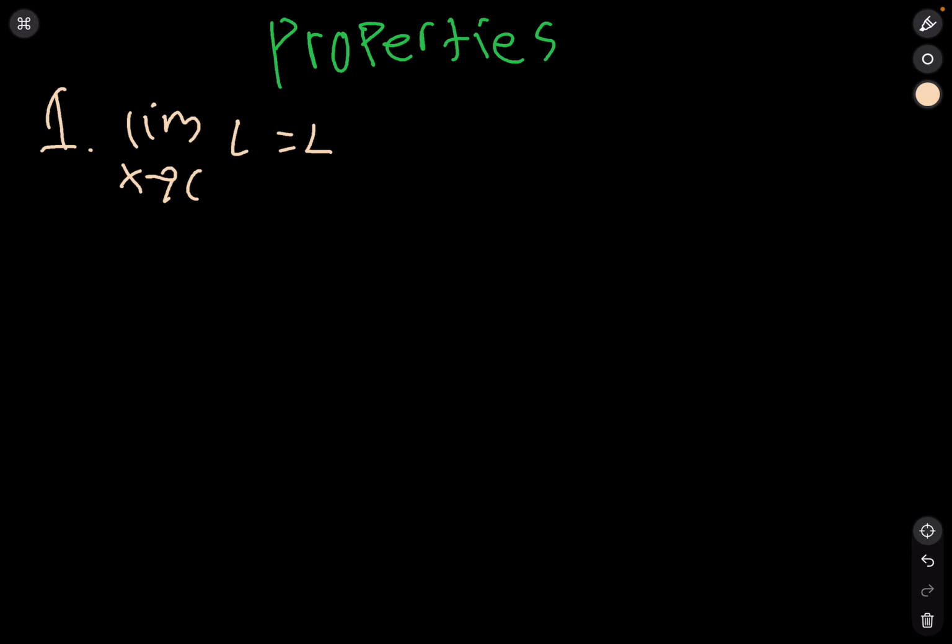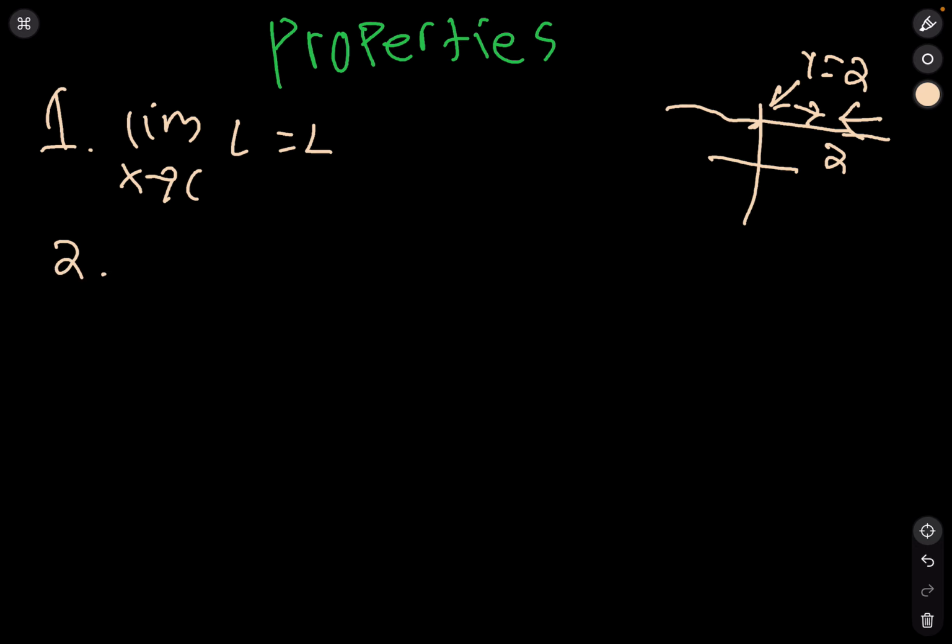Why is that? Well, let's say you had the constant of 2. This is y equals 2. We can see that no matter what, from the left or the right side, the y value is always going to be 2. So that will be a property.